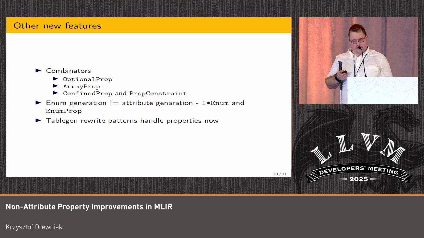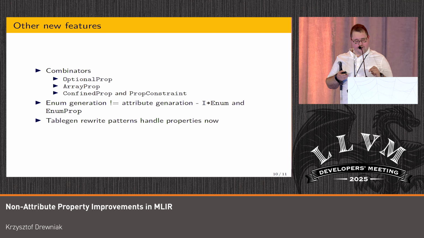And there have been several other improvements, such as the various property combinators. You can now do optional properties, array properties, and so on and so forth, and you can even put constraints on properties, so you get an attribute-or-prop constraint. Similarly, enum generation has been decoupled from attribute generation, so now you can just do an I32 enum and then make an enum prop out of it.